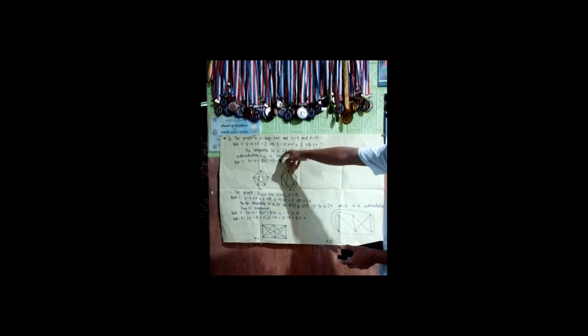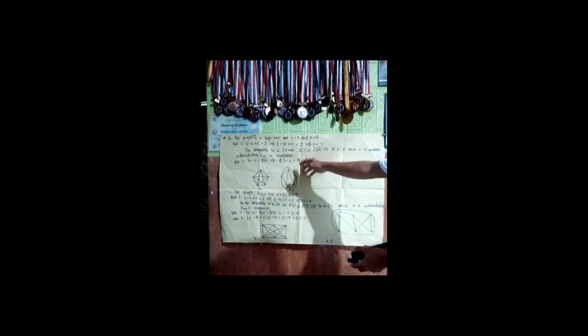By the inequality, 3R is less than or equal to 2E. So 3 times 7 less than or equal to 2 times 10, that is 21 less than or equal to 20, which is a contradiction. So K5 is non-planar.